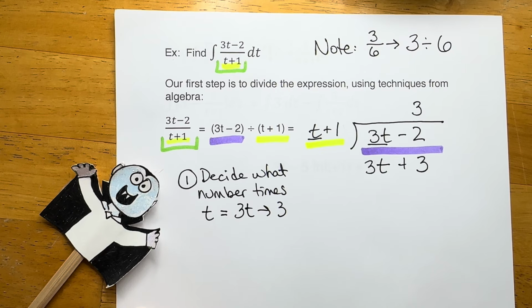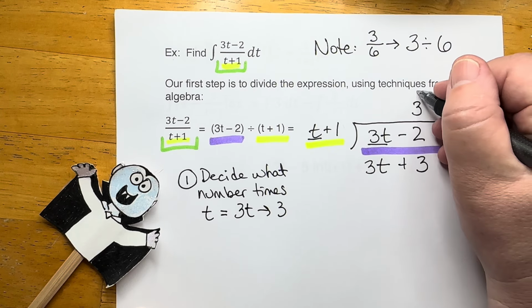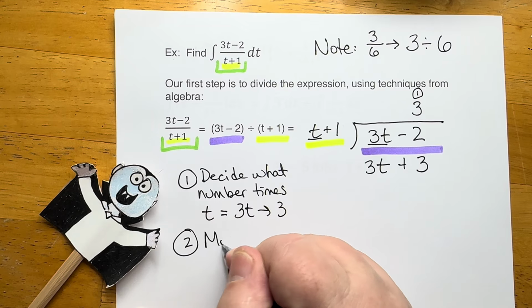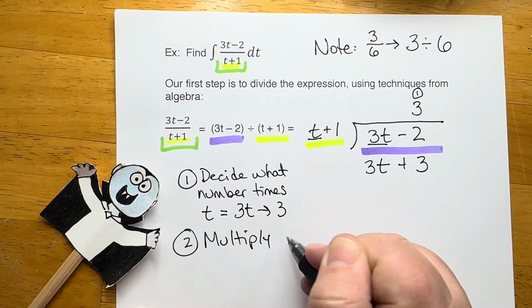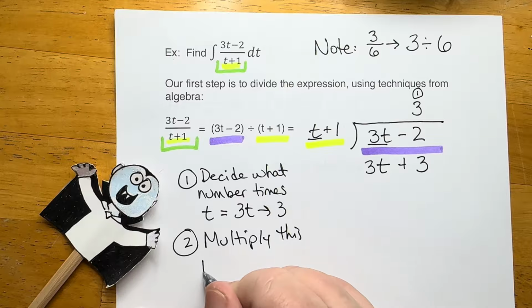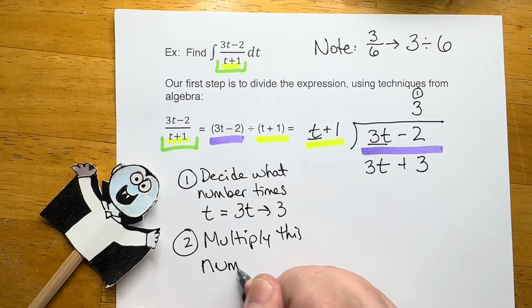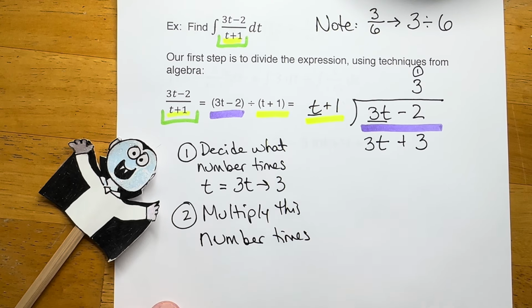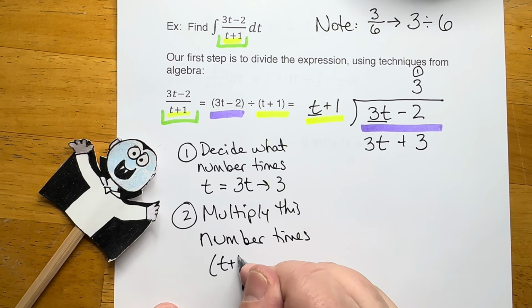So that's the first step. Here's our first step right there. Then you're going to multiply it times the whole t plus 1.